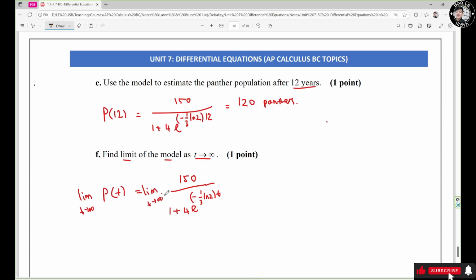When t approaches infinity, this exponential term approaches 0. So this turns out to be 150 over 1 plus 4 times 0, so it's 150. This one is the final answer.